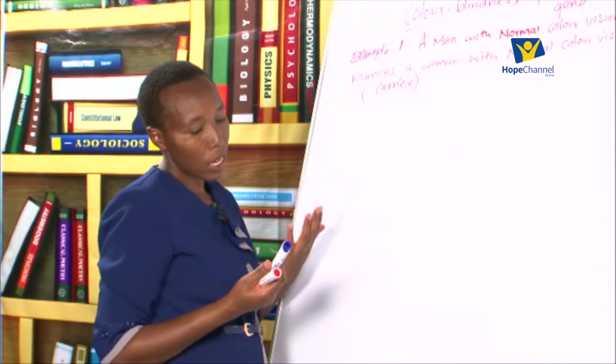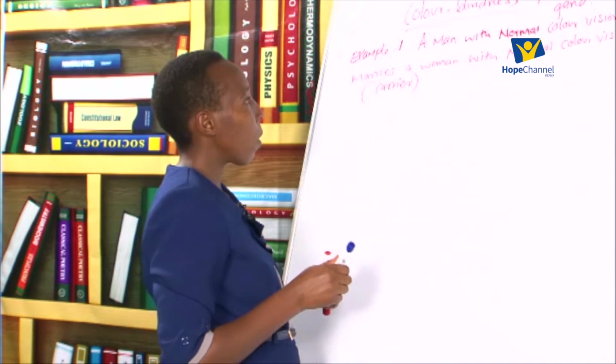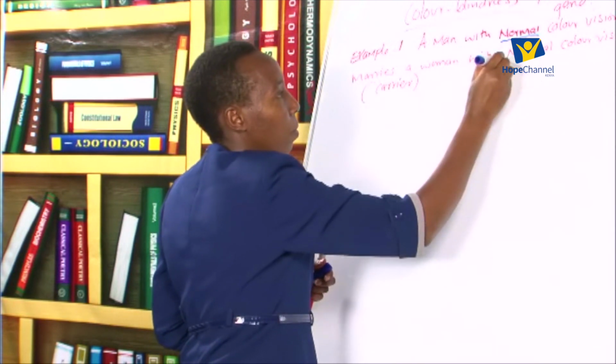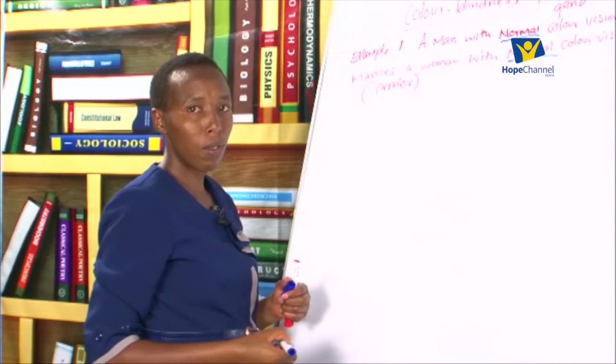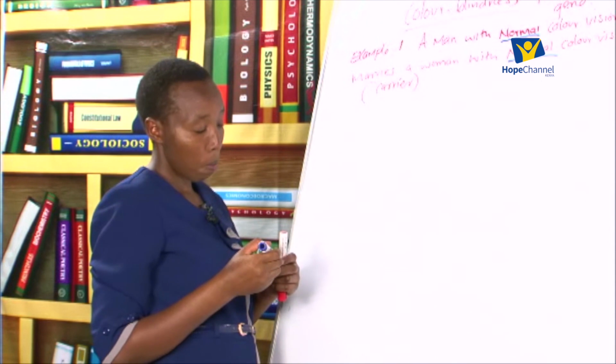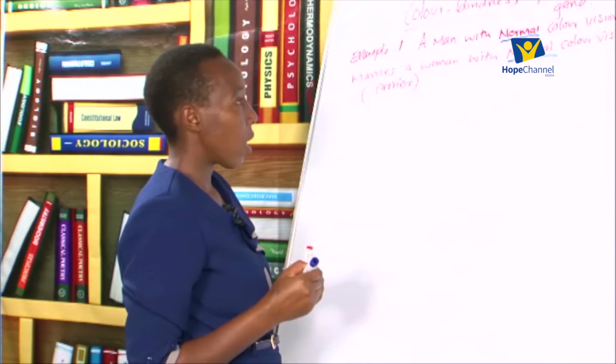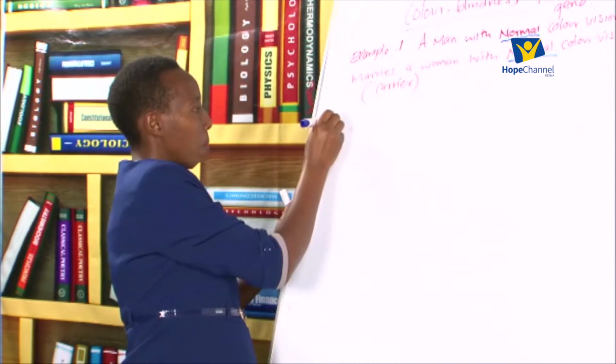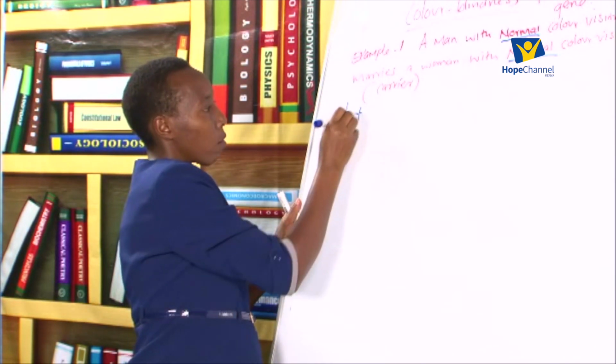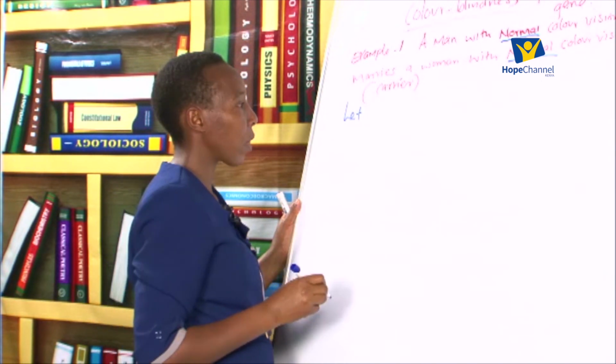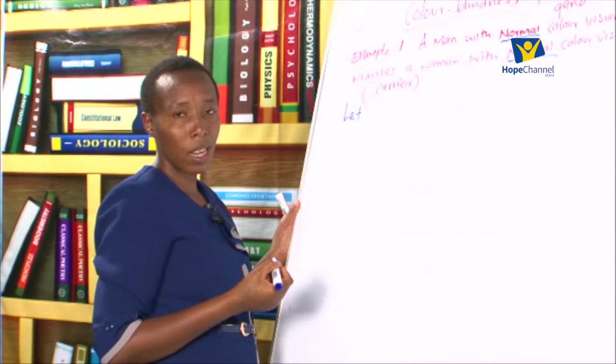But at the end of the day, basically when these people get married, all of them have a normal color vision. So let's see what will happen. Remember we said anytime we do a genetic cross, we start with choosing the letter that we are going to use.